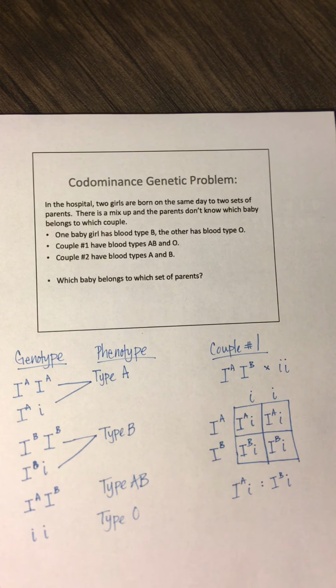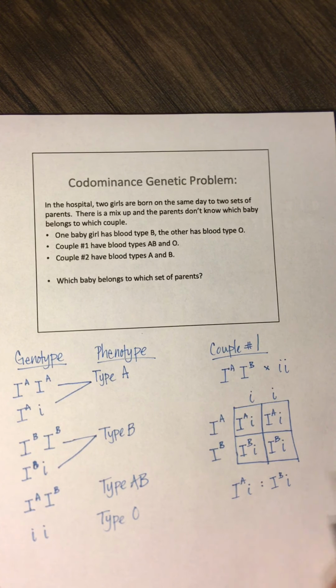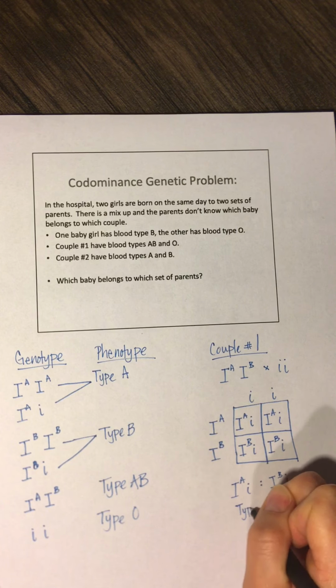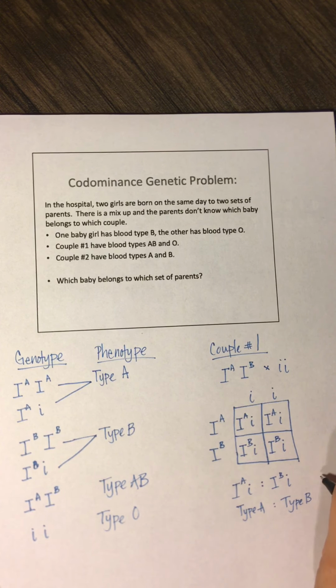This, of course, is the genotype, and the corresponding phenotype is type A blood and type B blood. And again, it's a 50-50 shot of which genotype it is, and here again are the corresponding phenotypes.